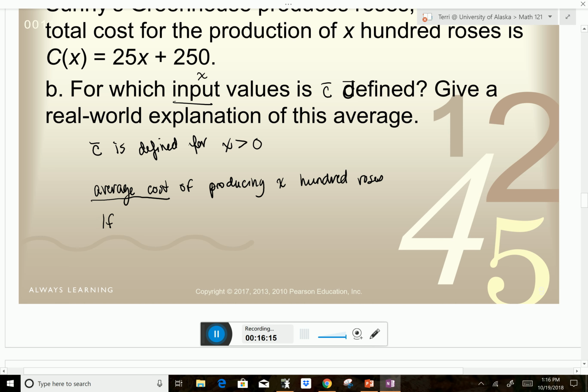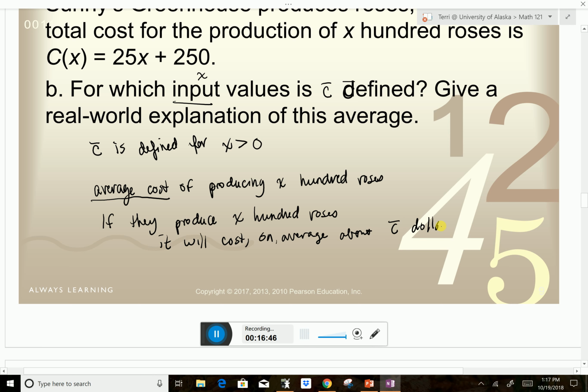So in other words, if they produce x hundred roses, it will cost, on average, about C bar dollars per 100.